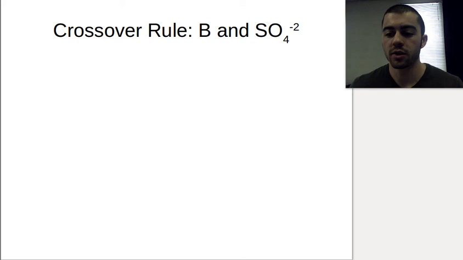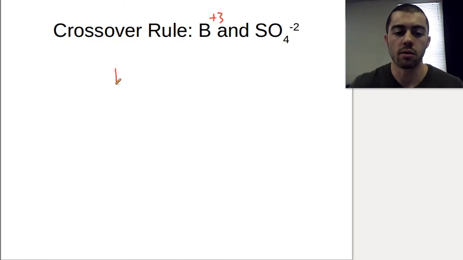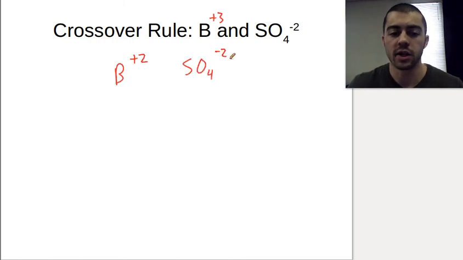Alright, so another example here, we have boron and sulfate. So looking at our charge rules, boron over there in group 13 likes to have a +3 charge. So if we say boron +3, and then sulfate, which has a -2 charge, or sorry, this was 3. So to get the formula here, we're just going to cross these down. We get a 2 down here and a 3 down here.